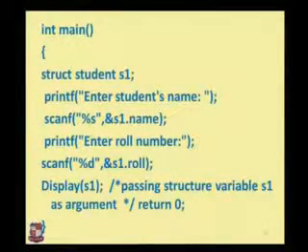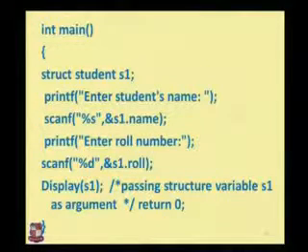int main, main is the function which is returning an integer type value, then struct student s1. In the last process we saw that we are including a structure student, so we are using struct student s1. Then printf "enter student name", scanf %s &s1.name, then printf "enter roll number", &s1.roll, which is of integer type, that is why it is %d.